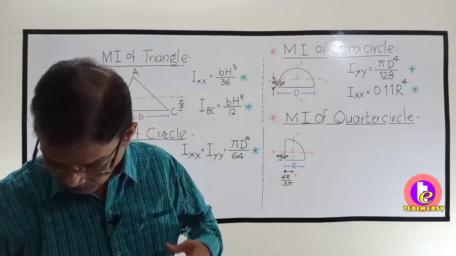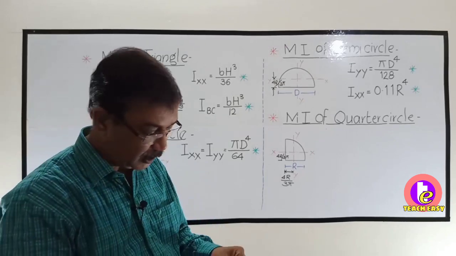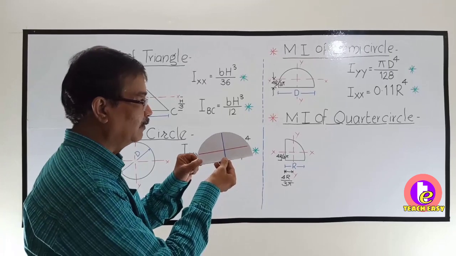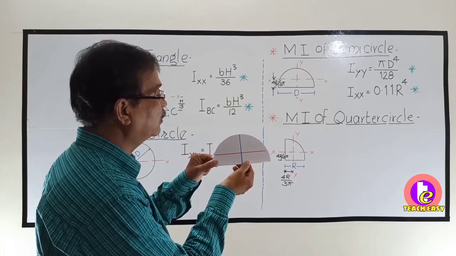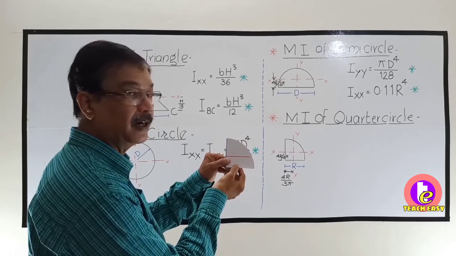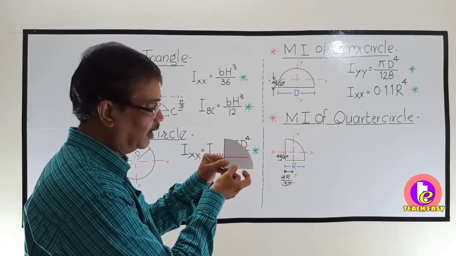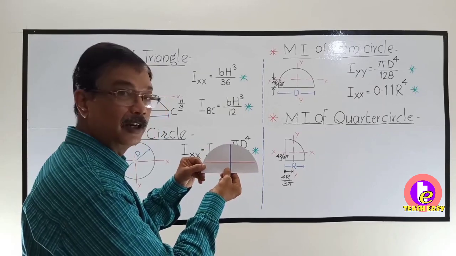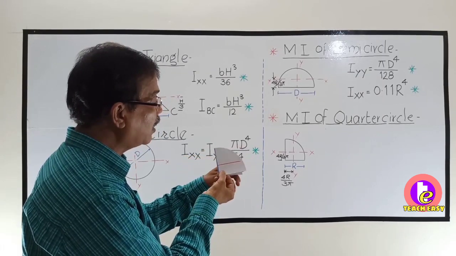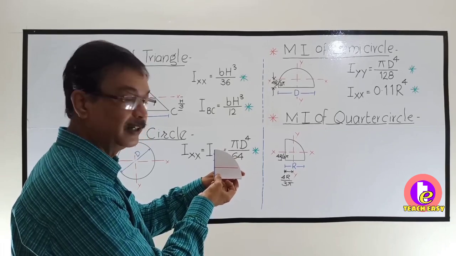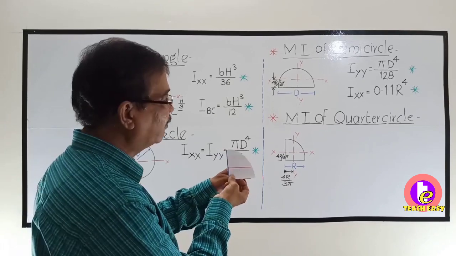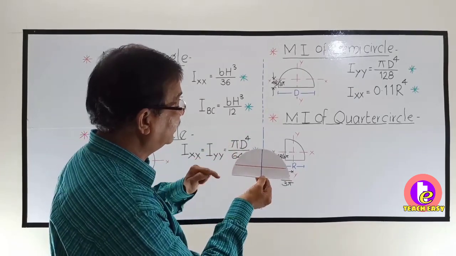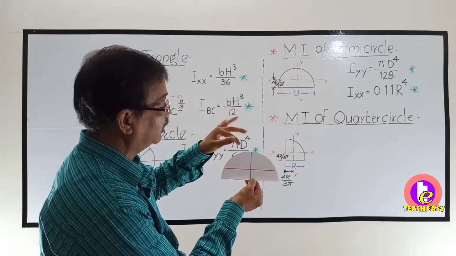Now again we will see the logic like this. This was a semicircle. If I fold it, it will become a quarter circle. The axis will not change, and as the axis does not change, only the area becomes half. So it will be half of this particular Ixx, because in this case this much area was distributed from this axis.